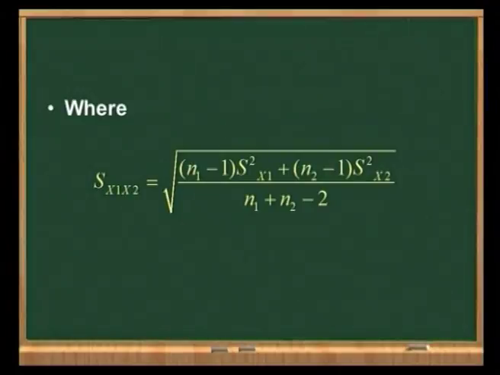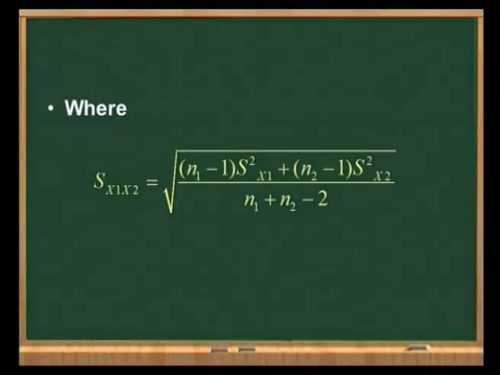Note that the formula above is a generalization of the case where both samples have equal sizes. S x1 x2 is an estimator of the common standard deviation of the two samples. It is defined in this way so that its square is an unbiased estimator of the common variance, whether or not the population means are the same.